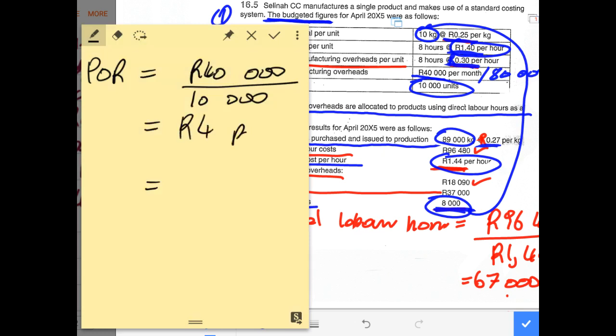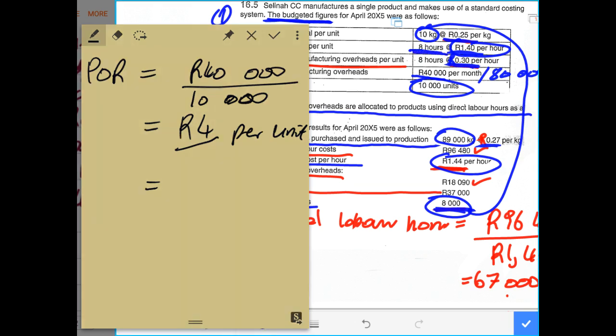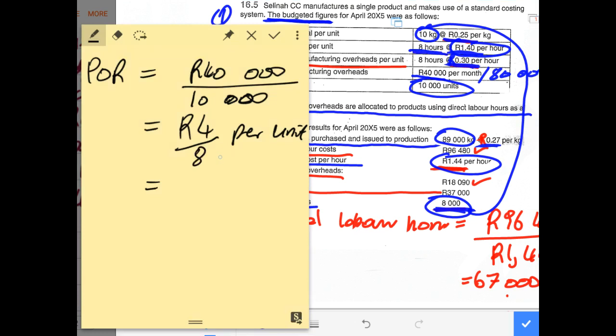But we are not looking for the per unit amount, we are looking for the per hour amount. Therefore you first have to divide again by the number of labor hours it takes to complete 1 unit, which is 8 hours per unit. After you divide by 8 hours per unit, this will give you the same 50 cents.